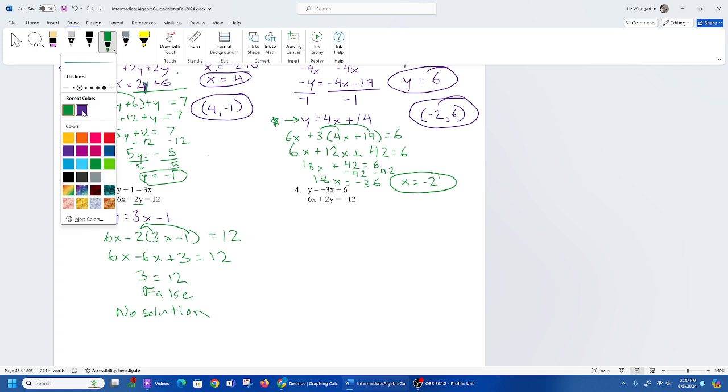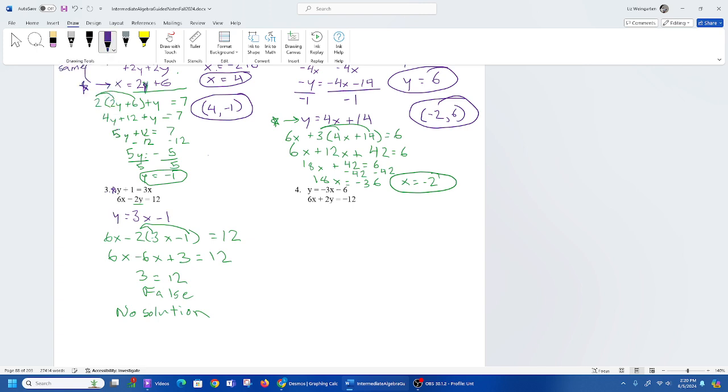In our last problem, we already have y solved for right here, so I'm going to go ahead and plug negative 3x minus 6 in for y in the next equation. Distribute that 2.